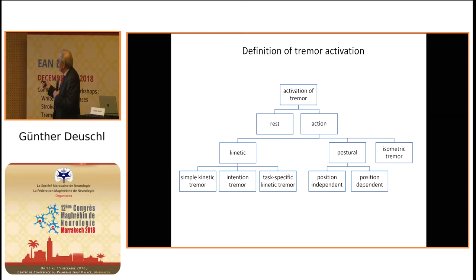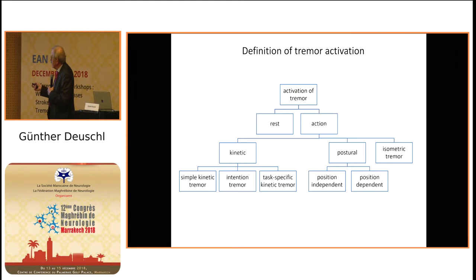Tremor is defined according to the activation, and that can either be during rest or during action. Then you can have a kinetic or a postural tremor. Kinetic tremor is used differently in different papers. Simple kinetic tremor means just a movement like this.